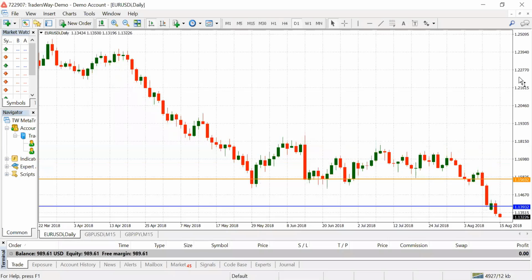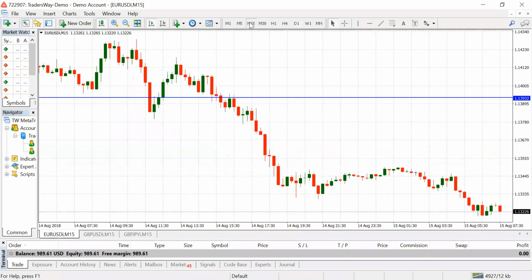I'm going to go ahead and go to my 15-minute chart, and I'm going to plot my Fibonacci lines. With plotting Fibonacci, I'm looking for a high to low or a low to high trend.